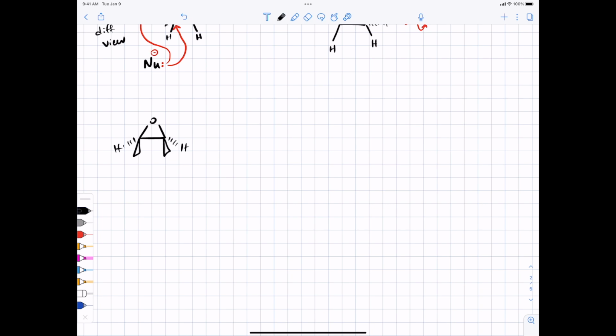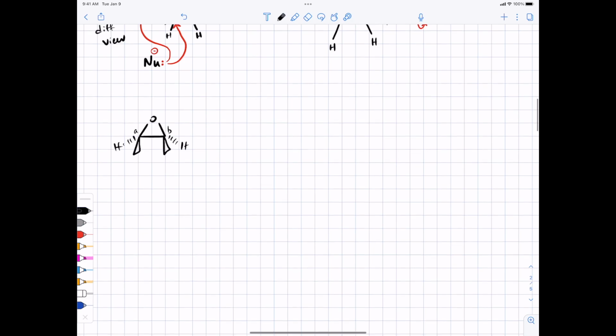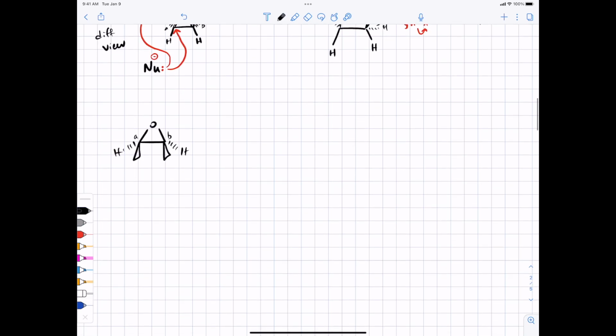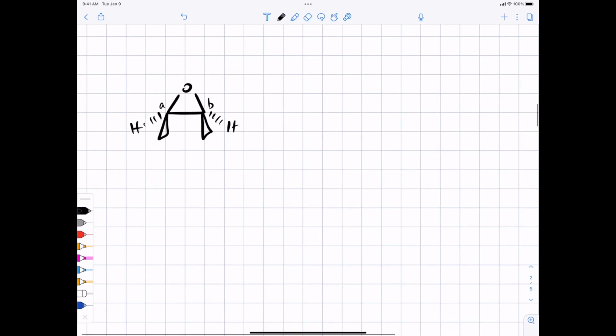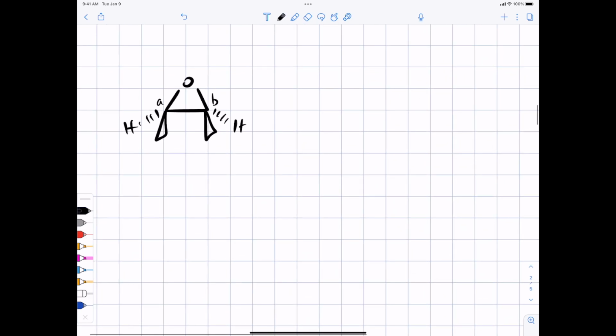Plane of symmetry, right down the middle. Are A and B stereocenters? Yes, they are. Therefore, what kind of not chiral molecule is this? It is a meso compound. Good. See, you cannot jettison what you learned in chapter 5. It's going to continue to be important.